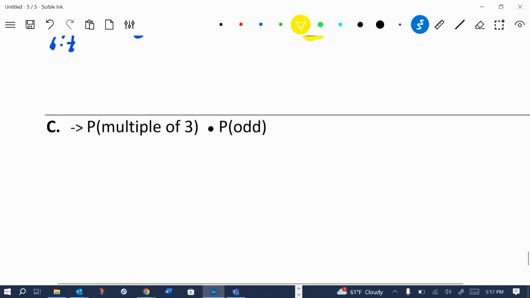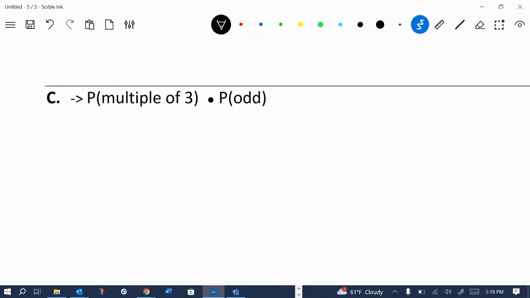Now, the last example here is a multiple of 3, which would be 3 or 6, and then an odd one, which would be a 1, 3, or 5. The fact that 3 is in there twice doesn't matter. There are 2 possibilities out of 6, or 1/3. And here there are 3 possibilities out of 6, or 1/2.